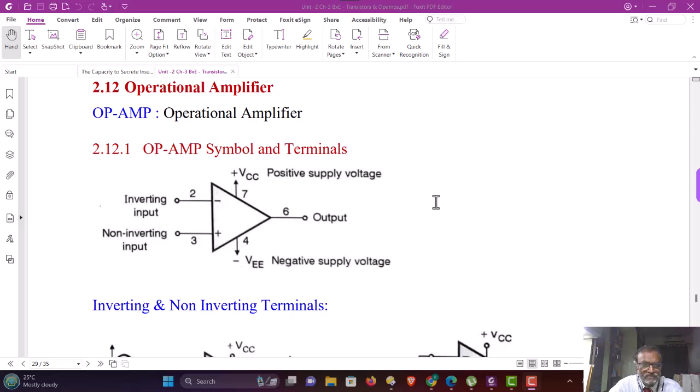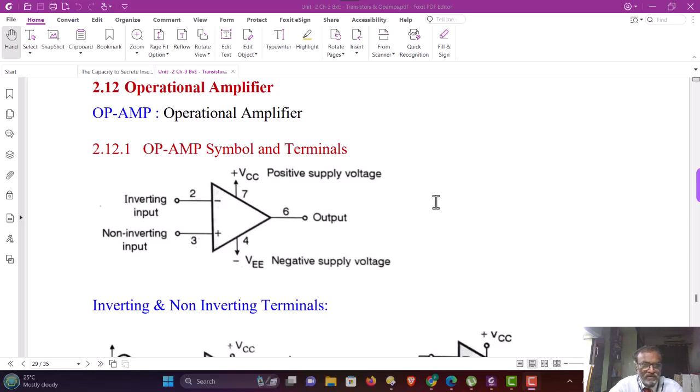Since it is commonly used with applications which generate mathematical operations like addition, subtraction, multiplication, integration, derivative, and so on, it is called an operational amplifier.